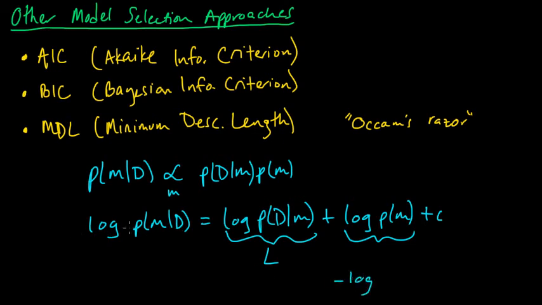If we wanted to maximize this, that would be the same as minimizing minus that, and minus the log of a probability. There's a formal connection between minus log probabilities and description lengths. And in information theory, that equivalence is very, very heavily used. So I just wanted to mention that all three of these can be viewed as equivalent to that type 2 MAP.